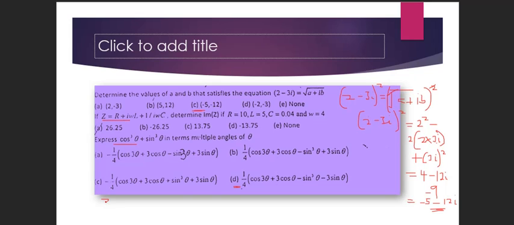So you know that z is equal to R plus iwL, plus 1 over iwC, and then we know our values for the corresponding alphabet. We know that R is 10, L is 5, C is 0.04, and W is 4.